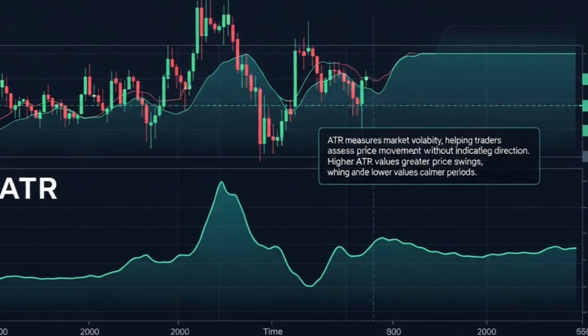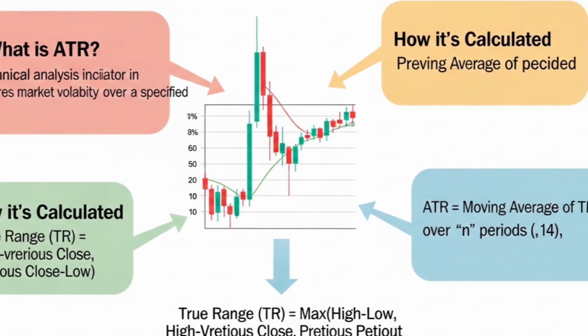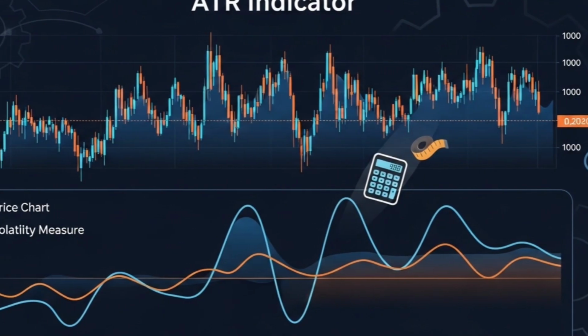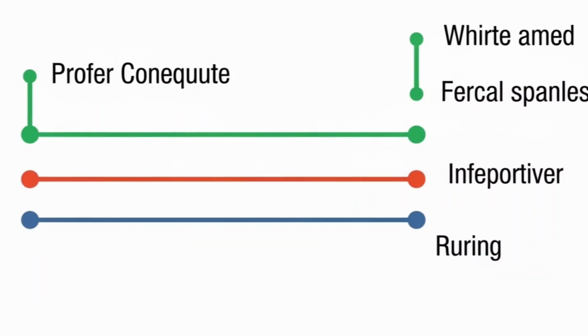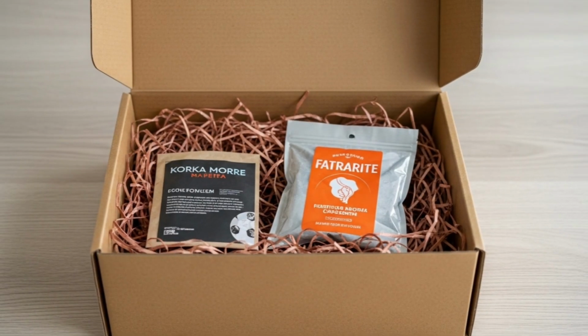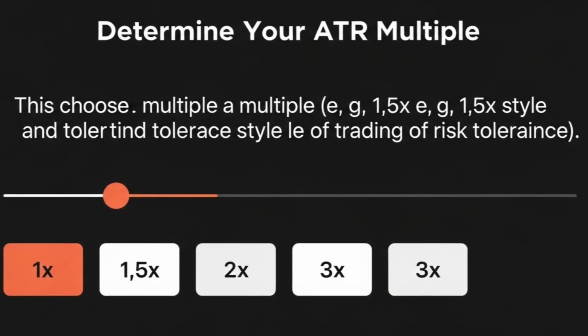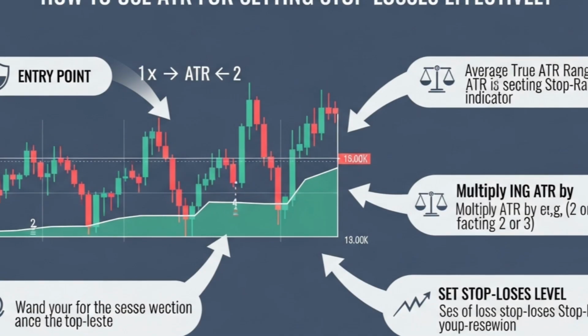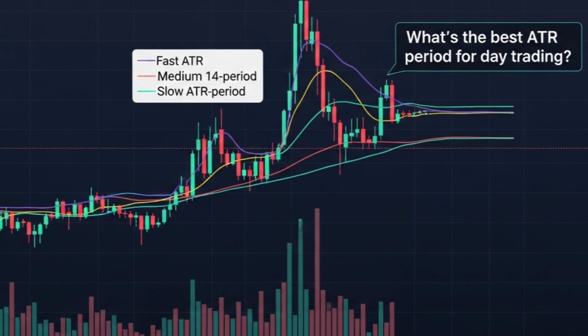For example, combining an RSI oversold signal with an increasing ATR can signal a high probability reversal with strong momentum, while a breakout above resistance confirmed by a rising ATR may support a bullish trend continuation entry. Beyond discretionary trading, ATR plays a critical role in algorithmic and automated systems, often coded into bots to manage risk or filter trades, especially in high-frequency environments where volatility awareness is crucial.